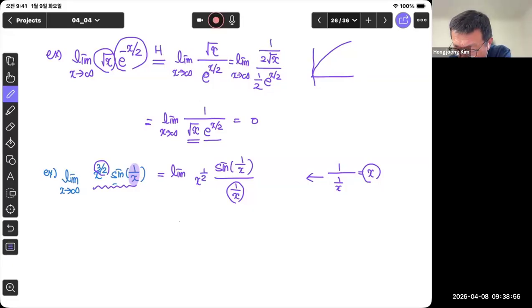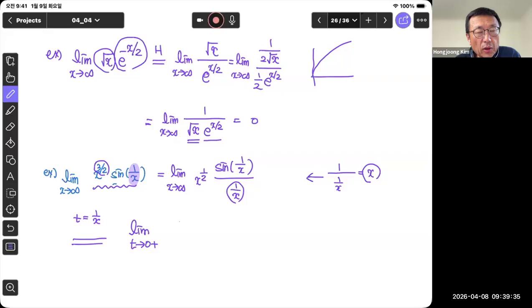So I want to consider this limit. Then as x diverges to plus infinity, I have sine 1 over x over 1 over x. So for simplicity, let me introduce t to imply 1 over x. Then as x approaches infinity, t approaches 0 from the right, because this t is also a positive number.